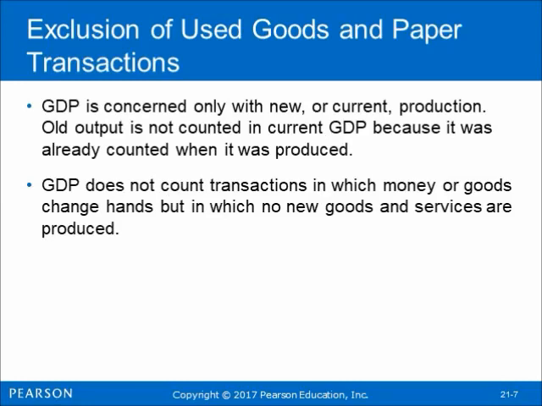Exclusion of used goods and paper transactions. GDP is concerned only with new or current production. Old output is not counted in current GDP because it was already counted when it was produced.